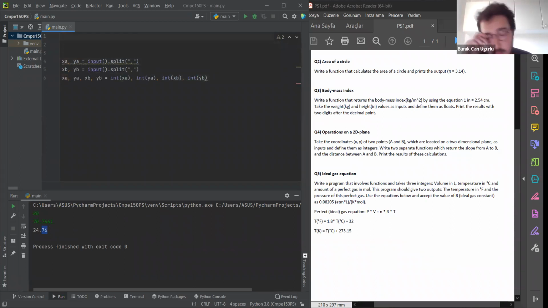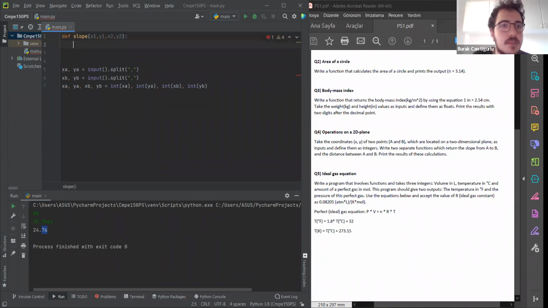So we can start with the slope function here, and it takes two variables of the first point and the two variables of the second point, and these coordinates can be named in this function x1, y1, x2, and y2.